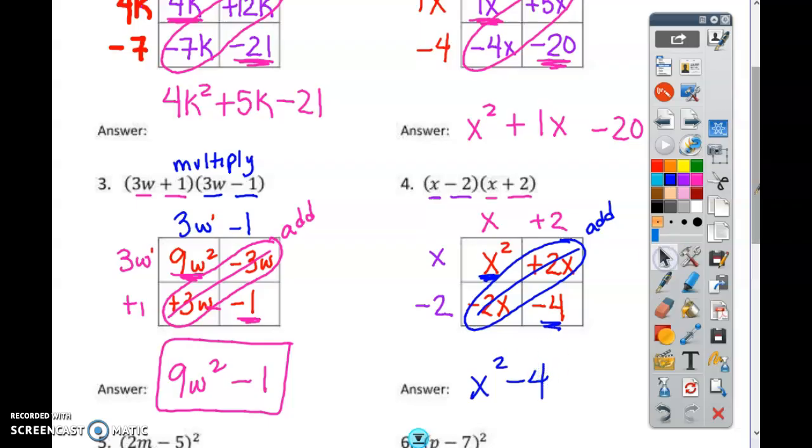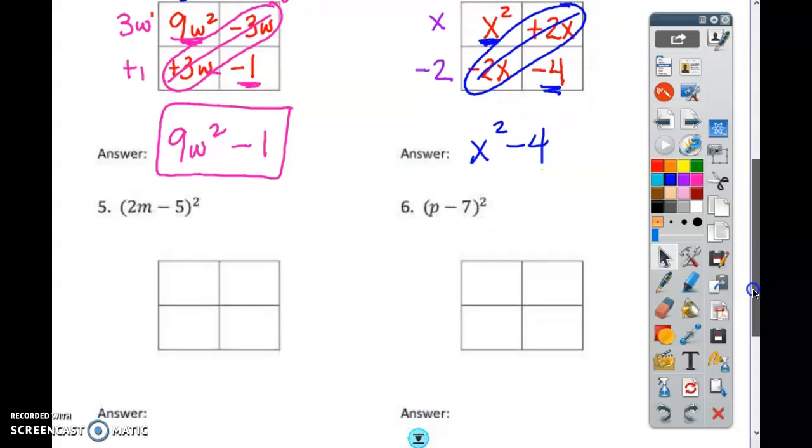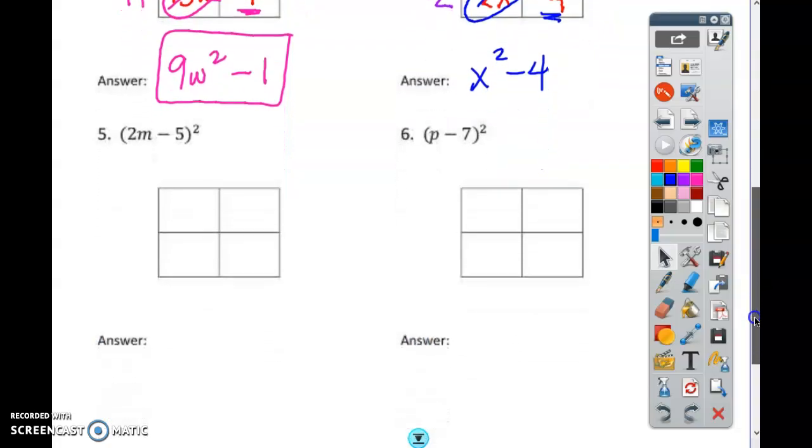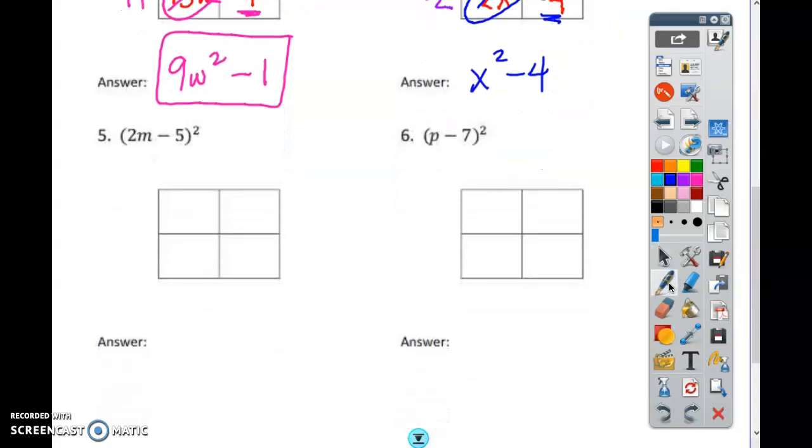Okay, 2 more. Pause the video, try to work. No, let me help you out. This is square. That means it's times itself. So 2m minus 5 goes here, and 2m minus 5 goes here. It's multiplying by itself.